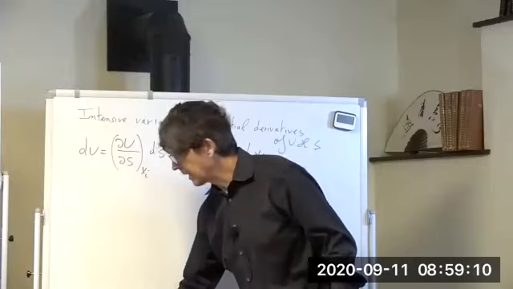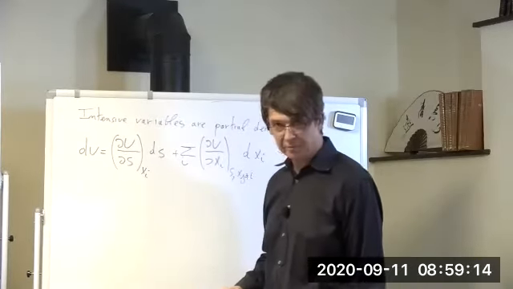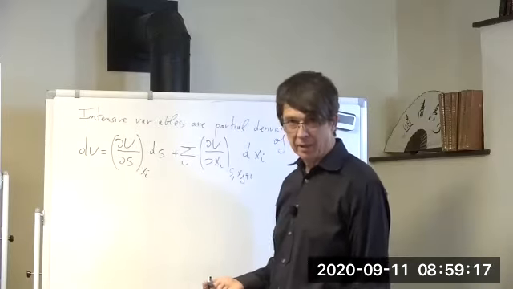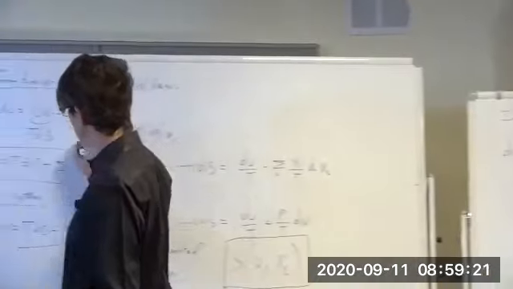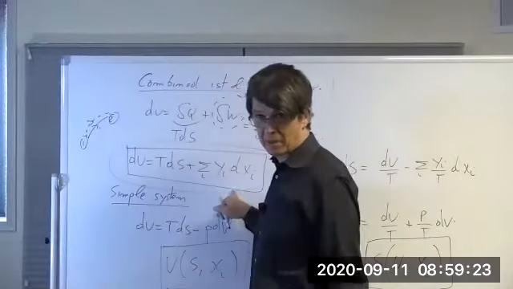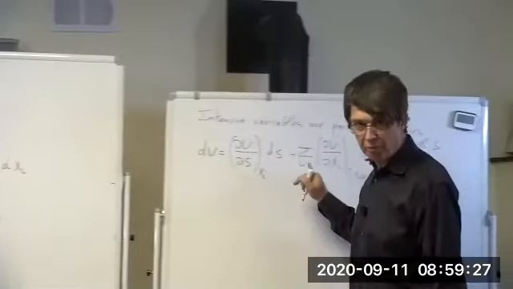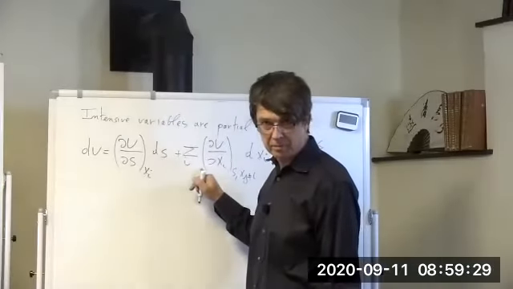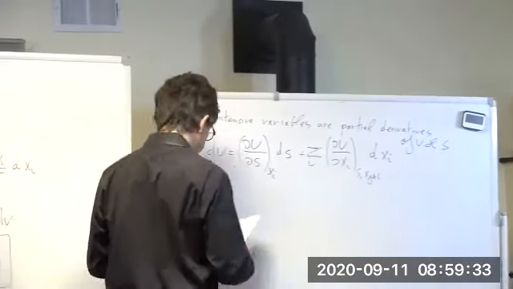This has to agree term by term with what I got from the first and second law. And now it's going to get hard because I have to run over to the other board, show you this, memorize this now, and I'm going to come back here. And this has to agree term by term with this, right? Because this has to apply to the full dimensionality of the space.